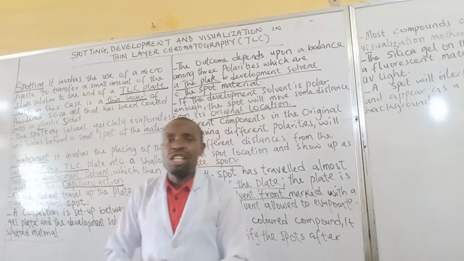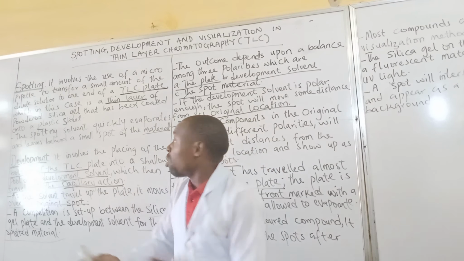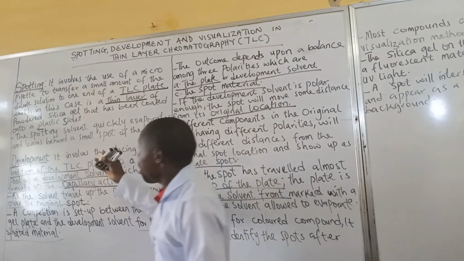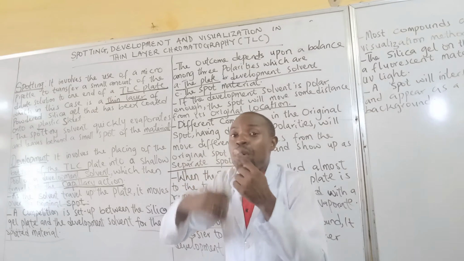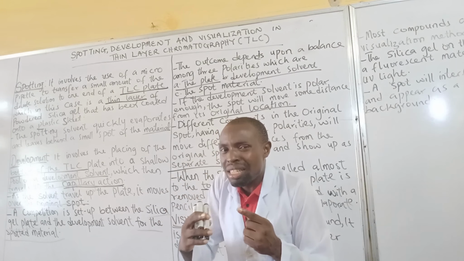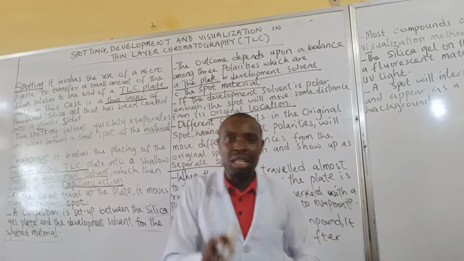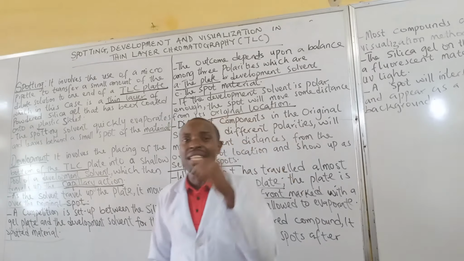And when that is done, the evaporating solvent does what now? The spotting solvent is evaporated, and immediately it leaves a small spot of the material that is to be analyzed.